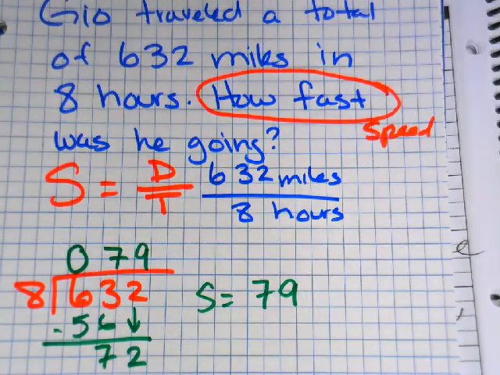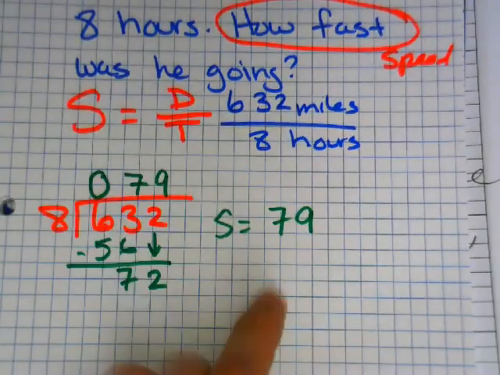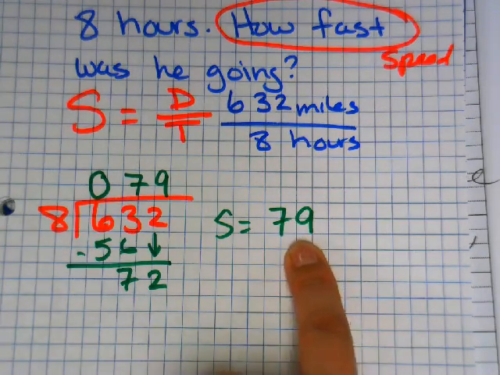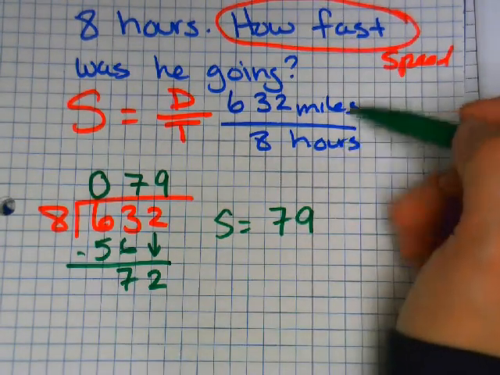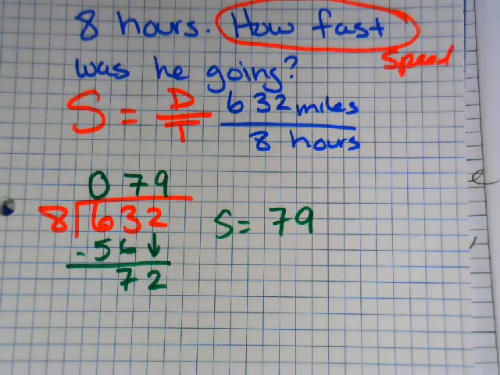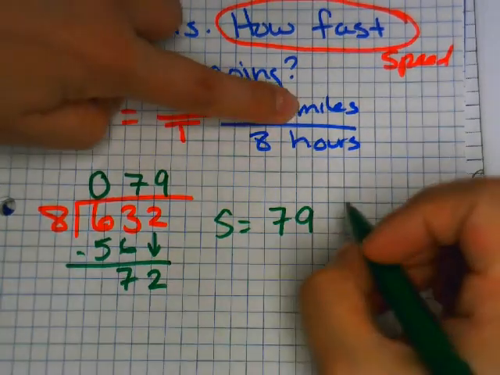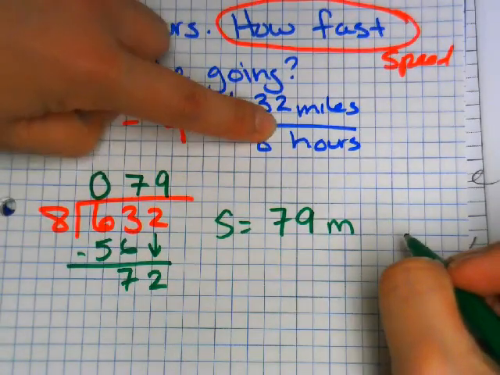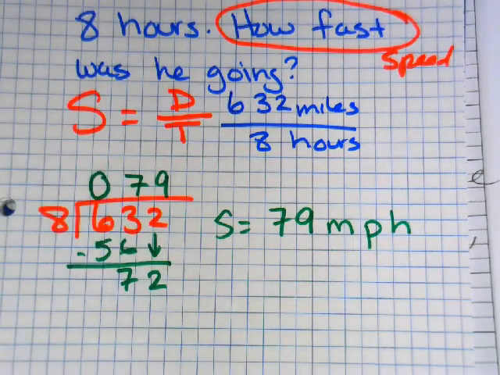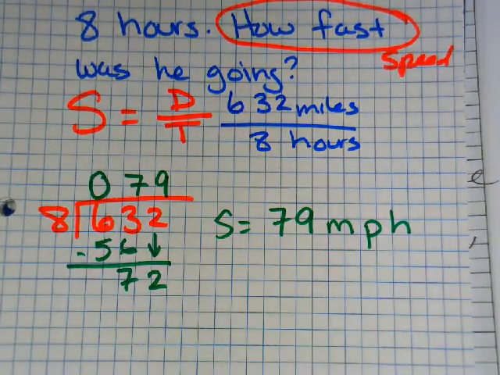79 what? Because Miss Lamelli, if you just write 79, she's going to mark it wrong. Miles per hour. So do any of these words repeat? No. So if none of the words repeat, you keep them all. Miles per hour. The division line actually means per.